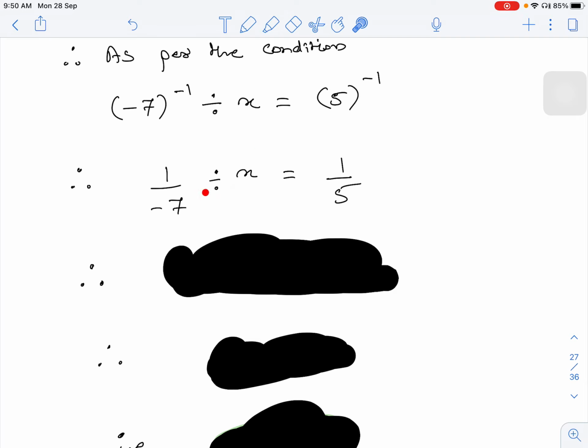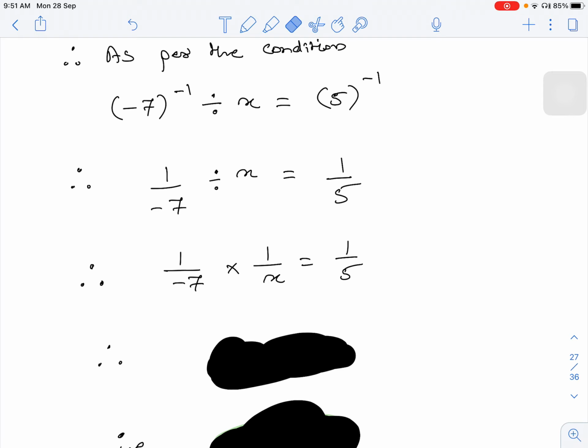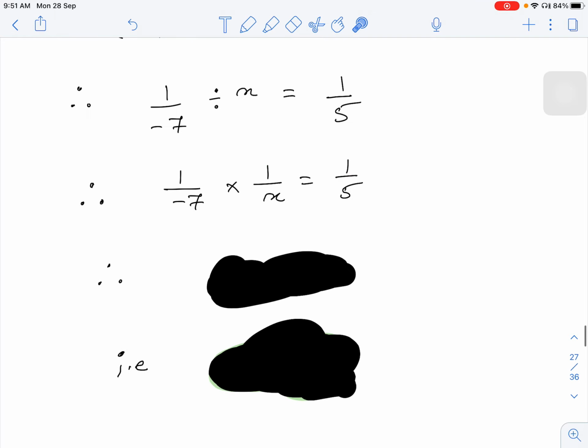So first, if we are changing this division to multiplication, we have to take the reciprocal of x. So in the next step you will get 1 upon minus 7 into 1 upon x equals 1 upon 5. Then in the next step, we have to keep x on one side and all the remaining numbers on the other side.